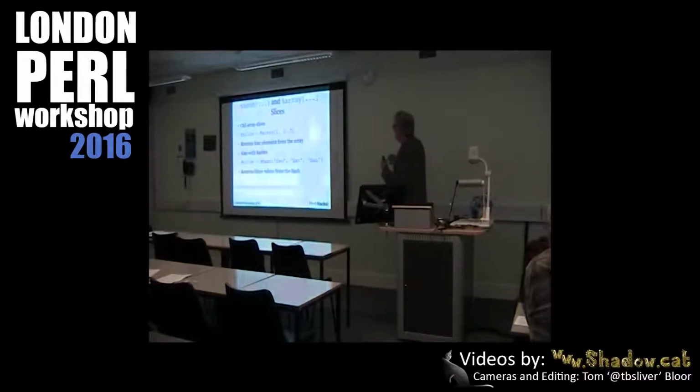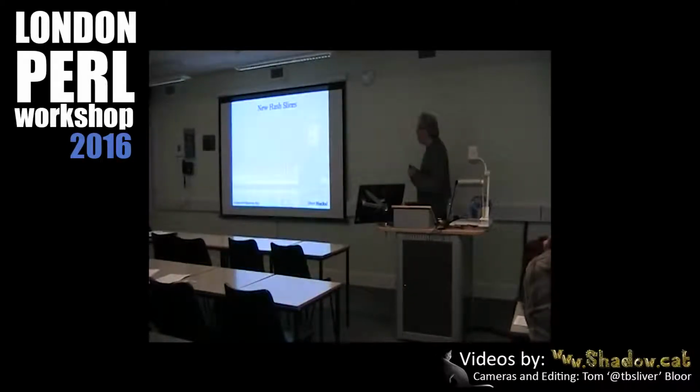But what we get back from our hash slice isn't anything that looks like a hash. It's just the values, or just the key slots that you can put values into. So we get a one-dimensional list of values back.